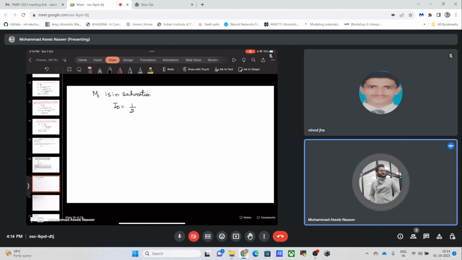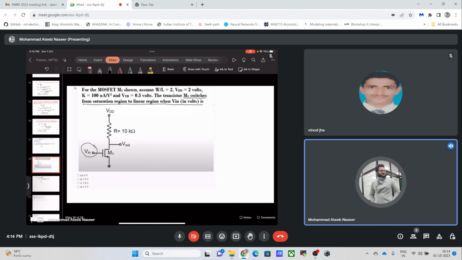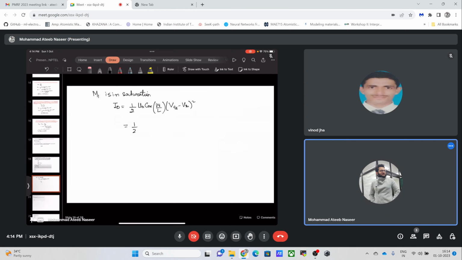So ID is mu n Cox W by L times (VGS minus VTH) whole square. The value of mu n Cox is 100 micro, so 100 into 10 to the power of minus 6.